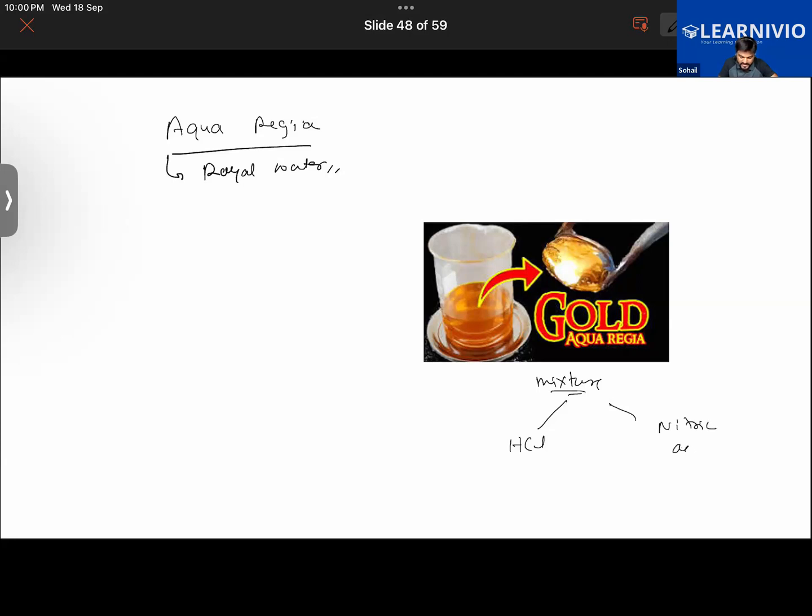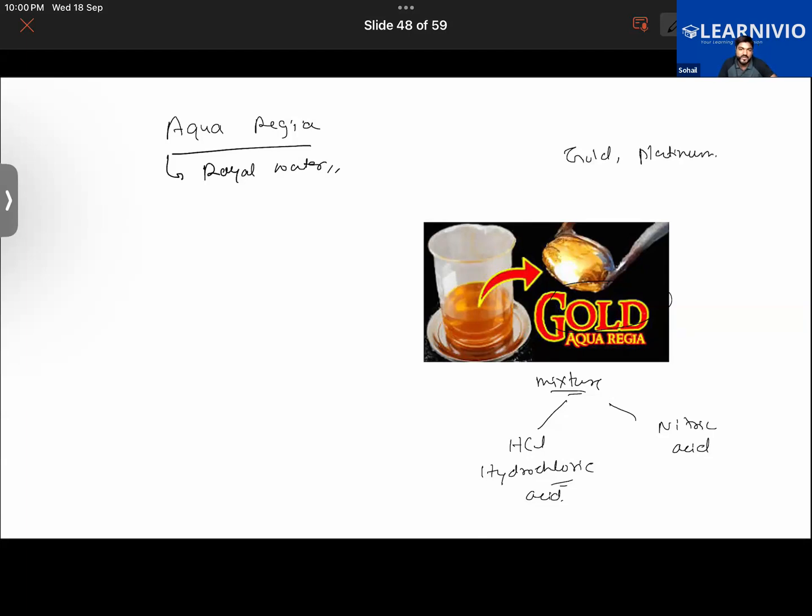So we mix nitric acid with hydrochloric acid and get a very strong solution, which can dissolve metals like gold or platinum very easily.